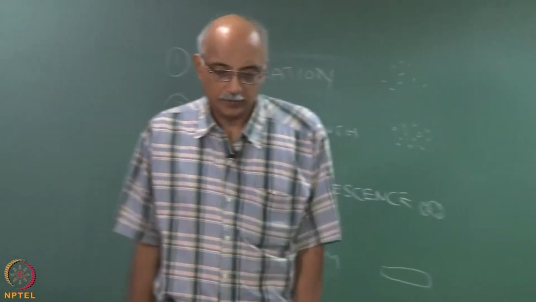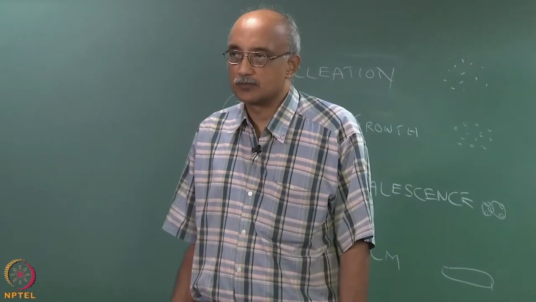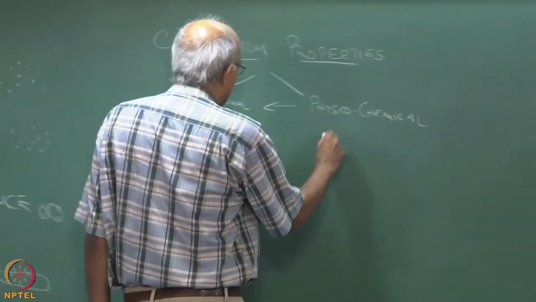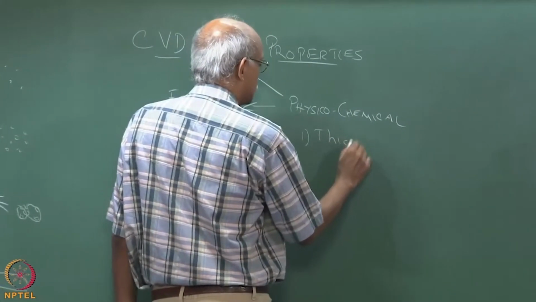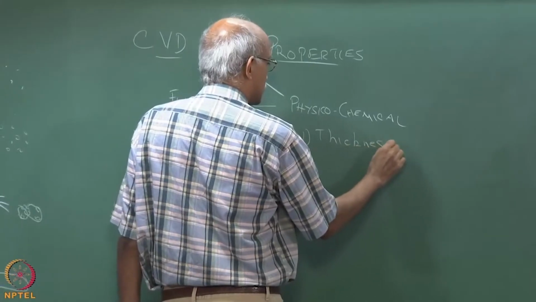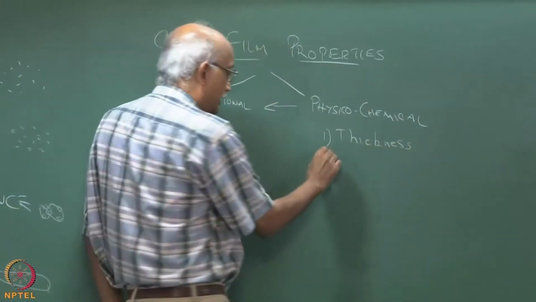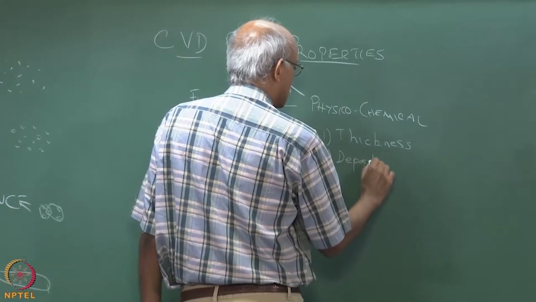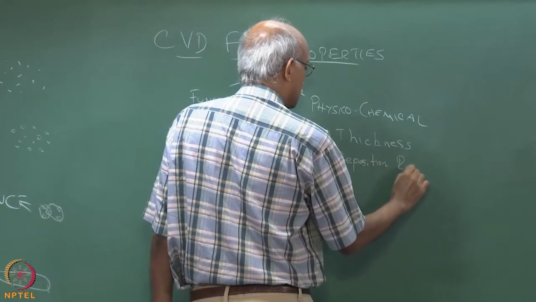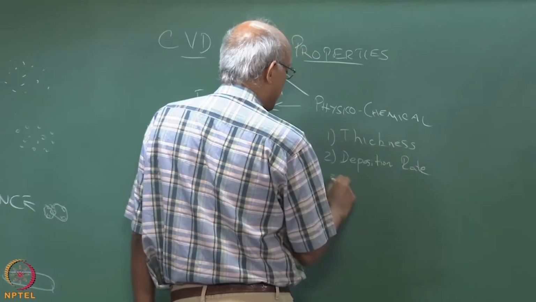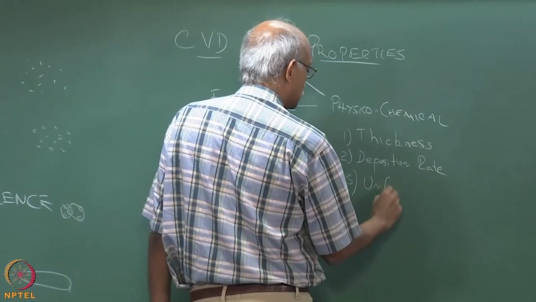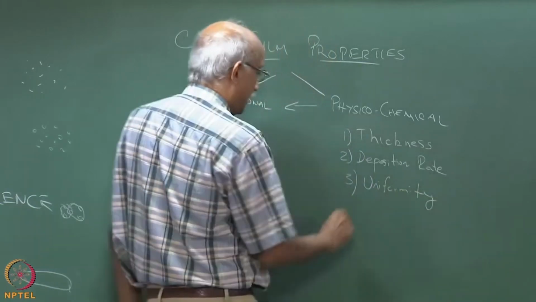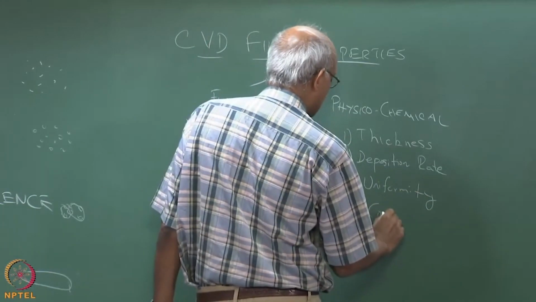So, what are some of the physico-chemical properties of a film that are important? Obviously, the thickness, and related to that the deposition rate, uniformity, and composition.